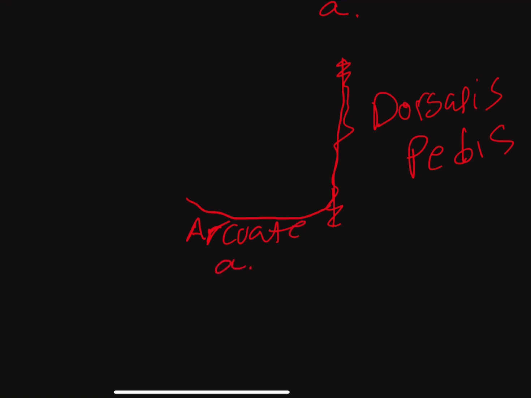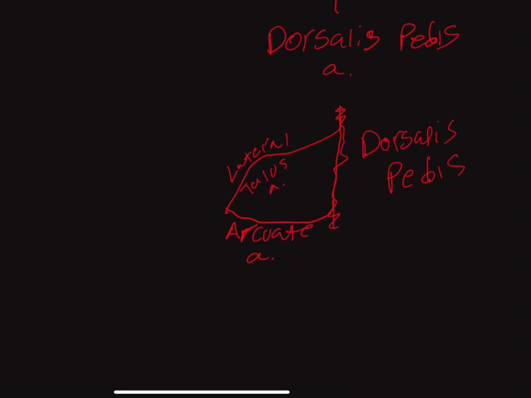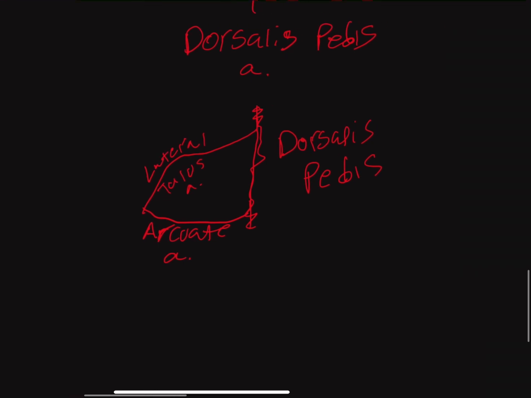And then it also has a branch that begins a little more proximally up the dorsal aspect of the foot, and it's going to have one that runs this way. This is going to be your lateral tarsal artery, okay? And this whole thing, this little circle I made, that's going to be the anastomosis of the dorsal side of the foot, right?